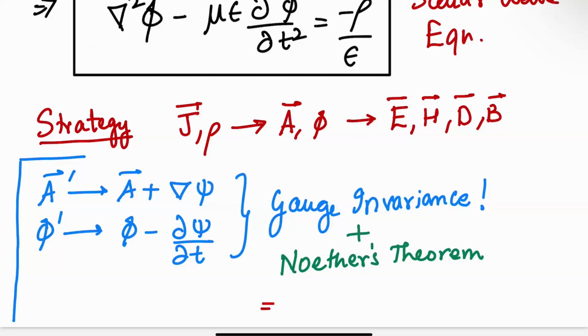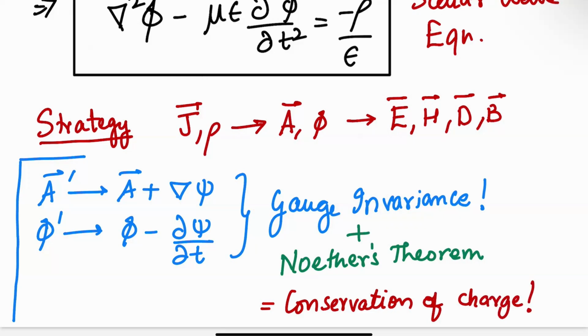And in this case, you apply Noether's theorem to gauge invariance, you get conservation of charge. And that's a very beautiful result, that from something as abstract as gauge invariance, we get something as fundamental as conservation of charge. And the other conservation laws also come from some invariant property.